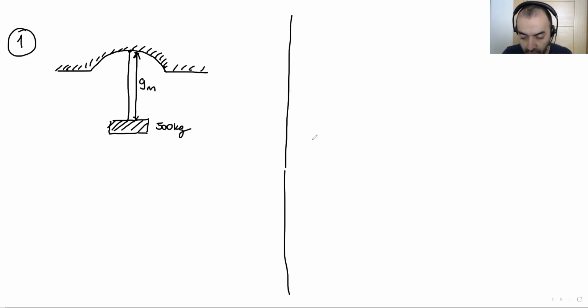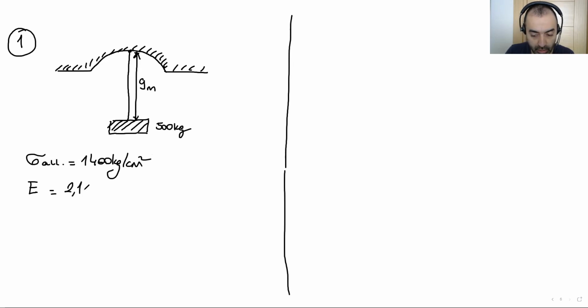Let me see the other information. Allowable stress for the steel is 1,400 square, and the E modulus of elasticity is 2.1.